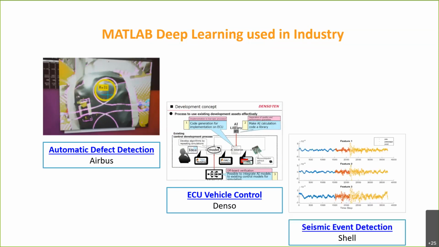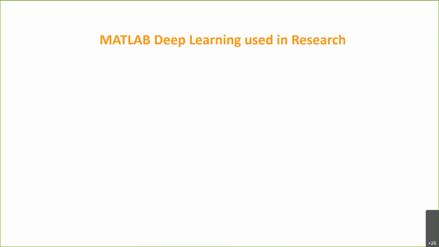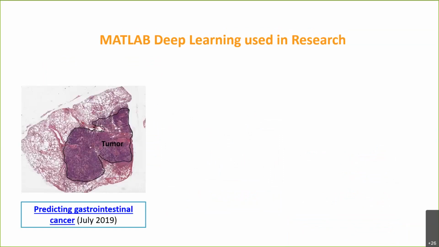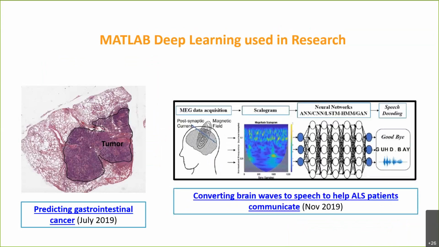Third, energy production, where Shell has developed models for earthquake detection using signal processing and deep learning techniques. In research, papers are being published showing MATLAB being used to, for example, automatically predict cancer from complex medical images, or convert the brain waves of ALS patients into words and phrases.